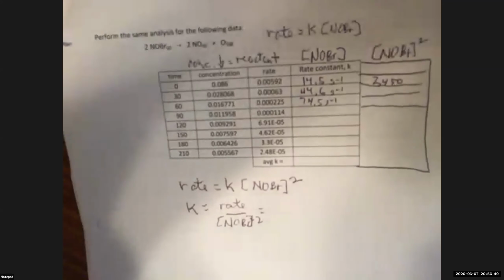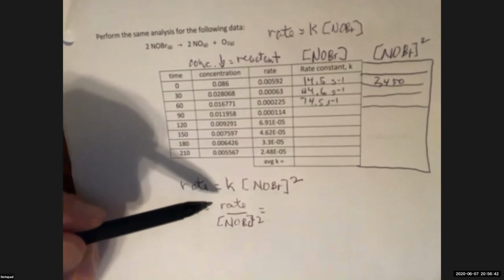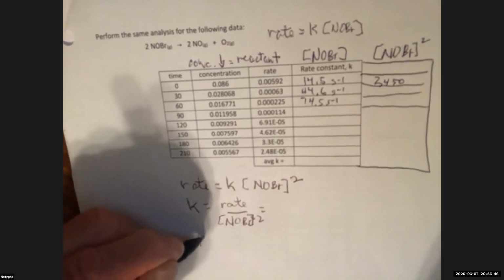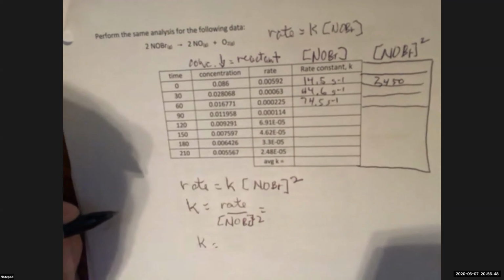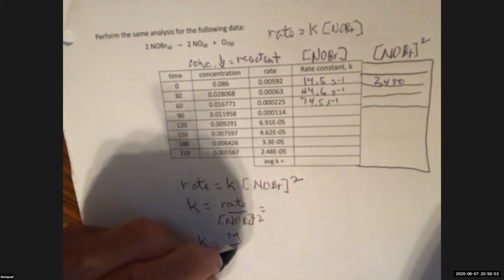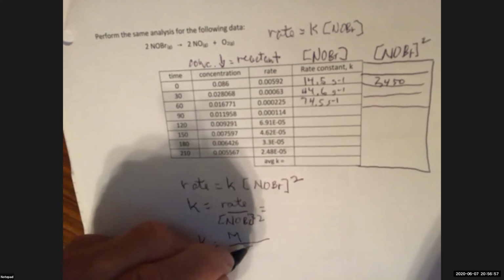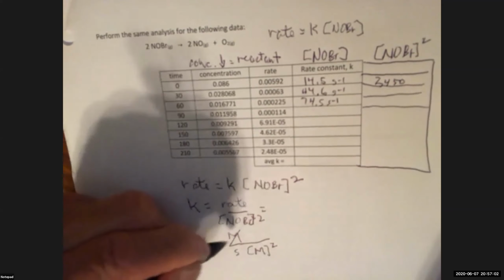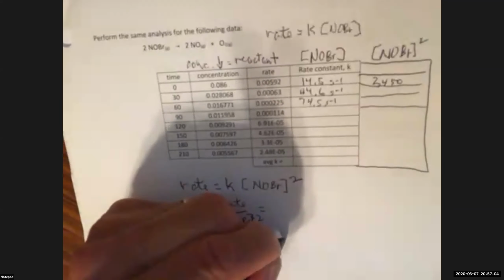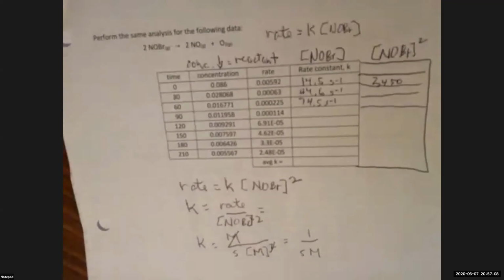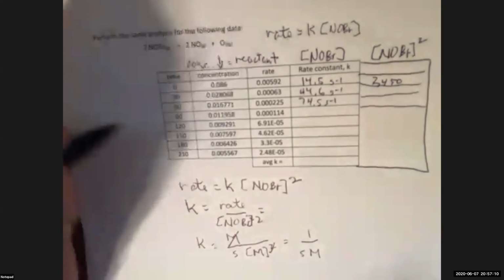And the unit now, since rate is, let's look at the units. So for K, I'm just going to put in units here to figure it out. The rate is molarity per second, and the concentration is molarity squared. So molarity cancels, and the unit for the rate constant now is 1 over seconds times molarity.